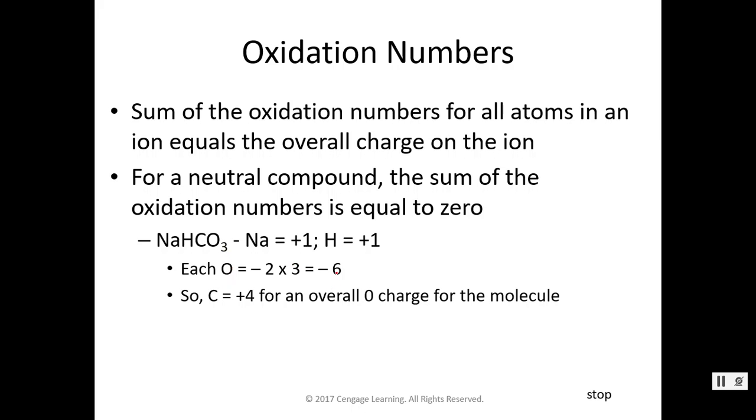There are 3 of them, so that part of the molecule is -6. So if I have a +1, a +1, and a -6, the only way I can get the charges of all my atoms to equal 0 is for that one carbon to be +4.